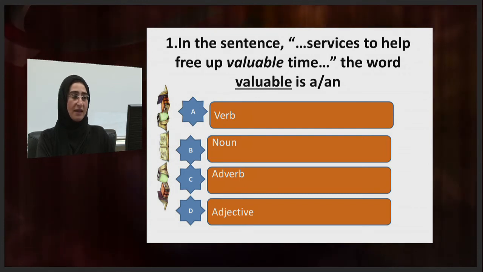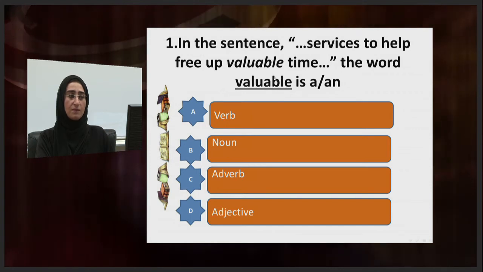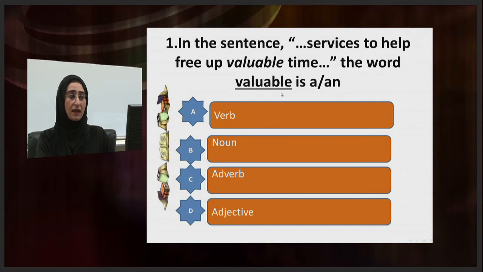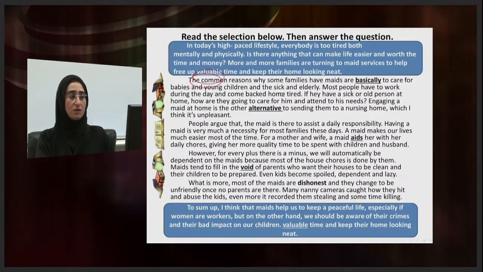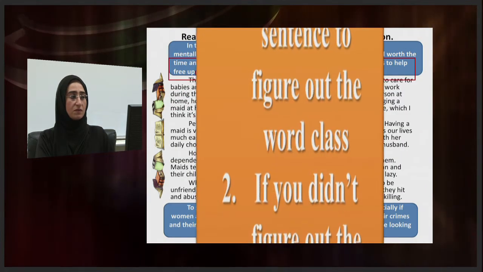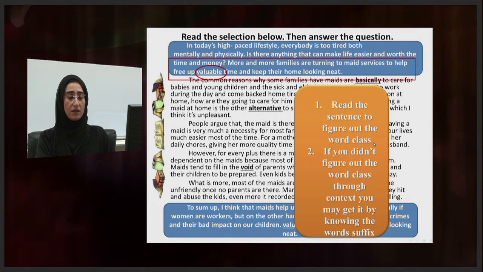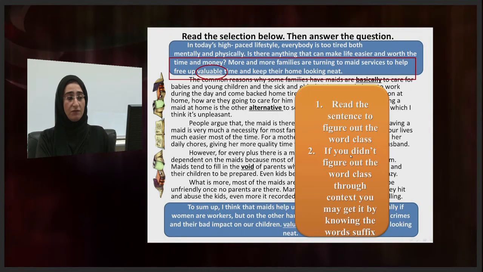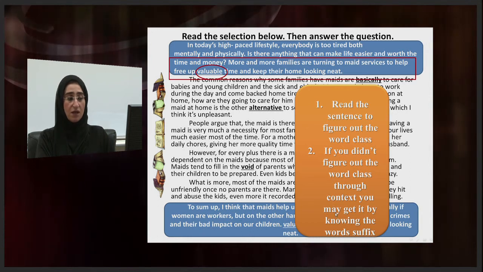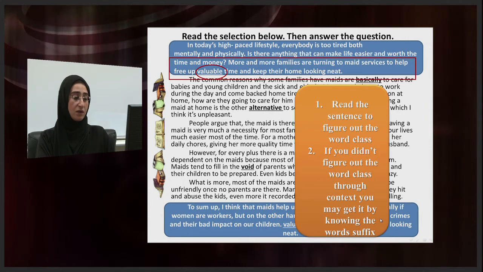Look at this. We have valuable, able. That means what? There's a suffix which deals with word class. Now, let's go back to the text. We need to read the sentence to figure out the word class of this word. If you didn't figure out the word class through the context, you may get it by knowing the word suffix.